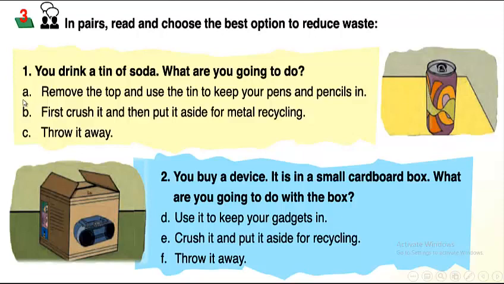The first option, A, remove the top and use the tin to keep your pens and pencils in. B, first crush it and then put it aside for metal recycling. C, throw it away. Which one? Which is the option?